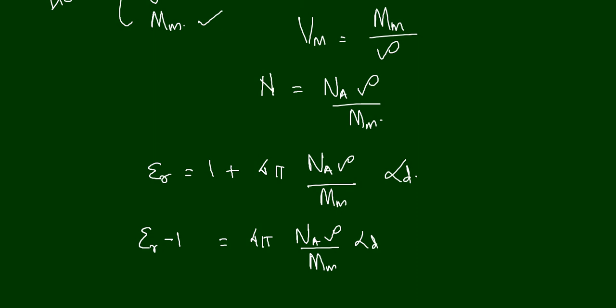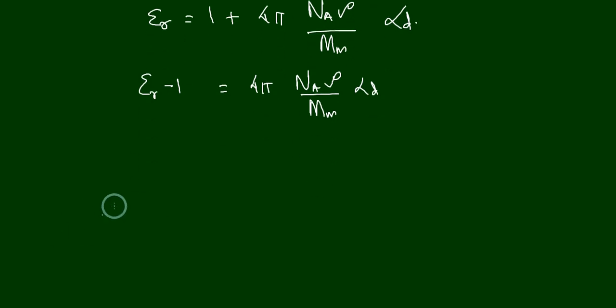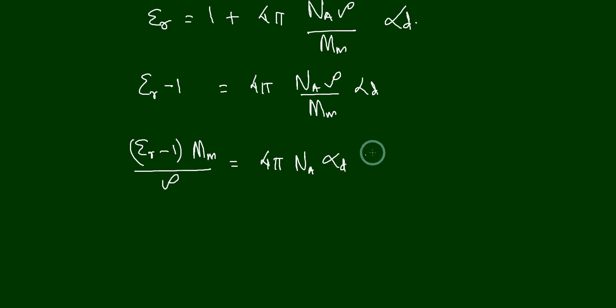Rearranging the terms, we can write epsilon r minus 1 into m divided by rho, taking this rho here, is equal to 4 pi Na alpha d. Let me call this equation number 5. Now we have a new equation, and this new equation is connecting epsilon r and alpha d.